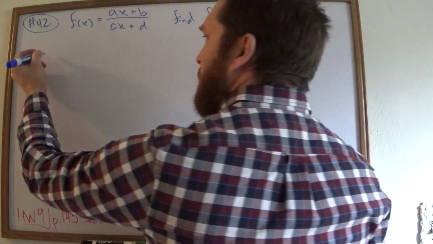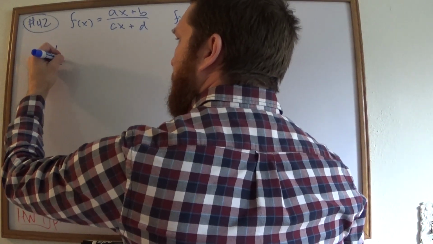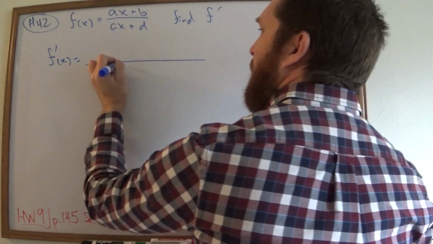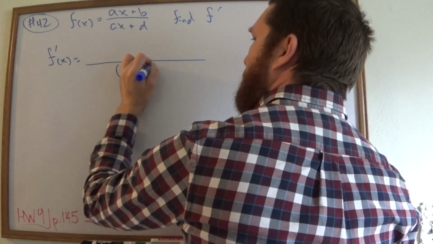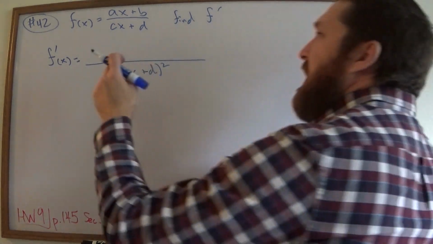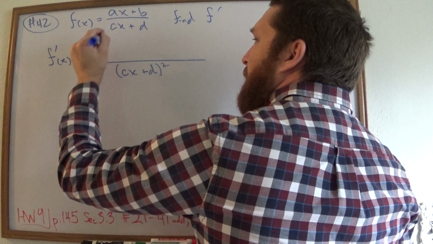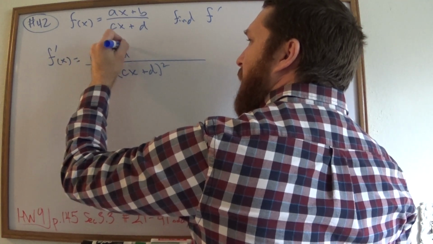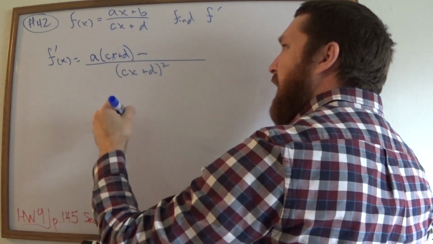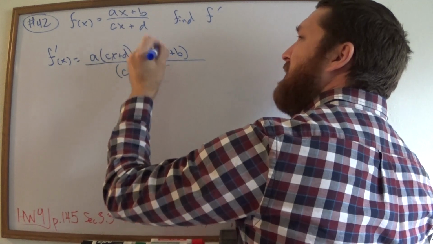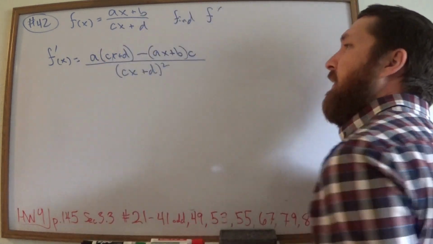And this is what I mean. Take the derivative of this. It's a quotient. So I'm gonna go ahead and set this up. I know what that's gonna look like. cx plus d squared, right? Now, it's take the derivative of the top stuff, leave the bottom stuff alone. Subtract off, leave the top stuff alone, take the derivative of the bottom stuff.